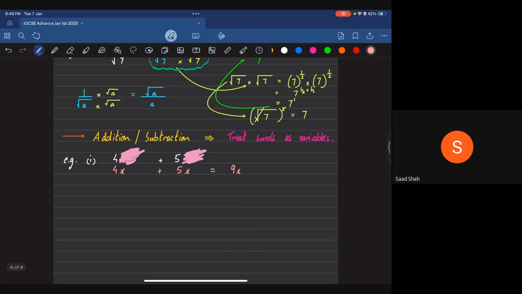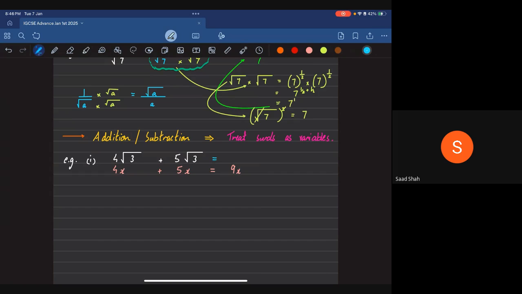Now, treating the surd as the variable, what's going to happen? I was treating your surd as your variable. Now let's forget about this and treat it as the variable itself. Now, if I treat it as the variable itself, what's going to happen?